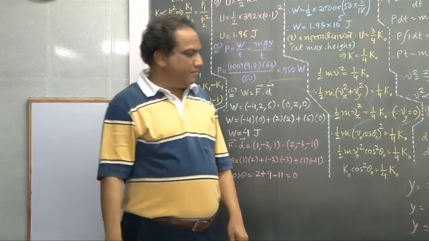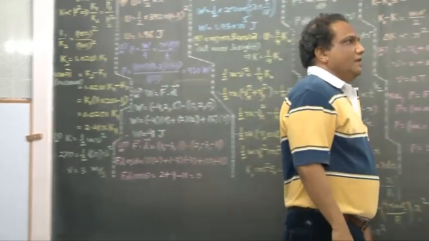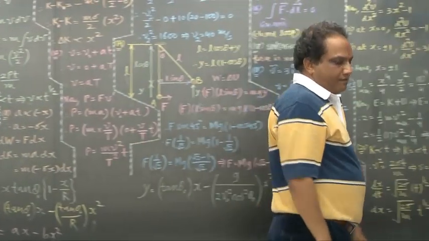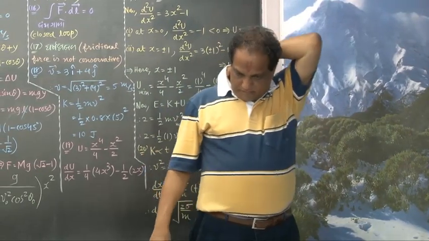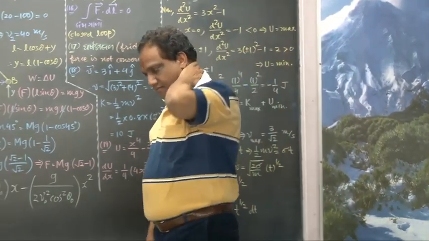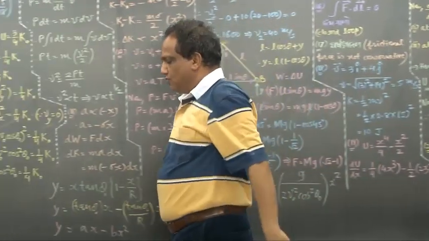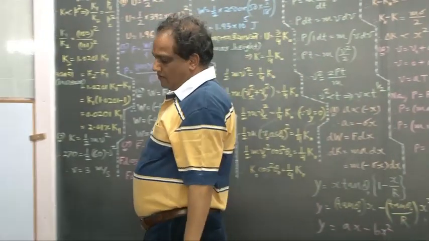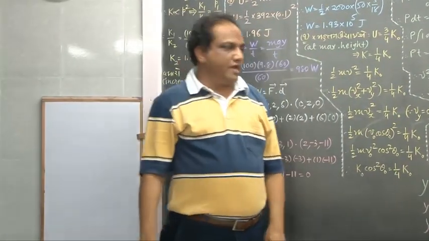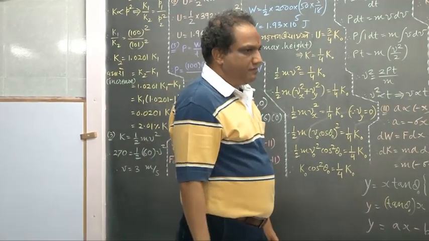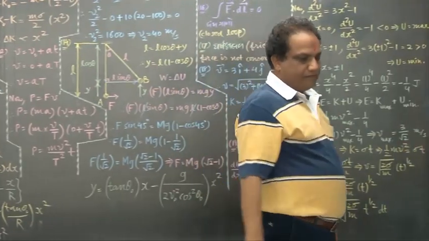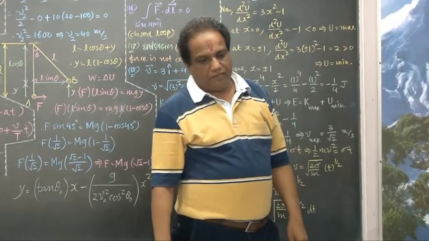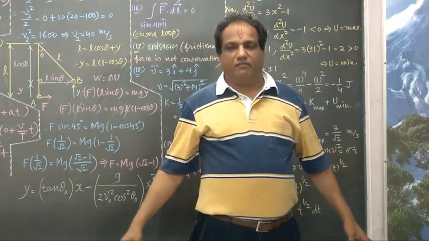Write one example. For one projectile motion, y equals 4x minus 2x square. Where x and y are in meters.